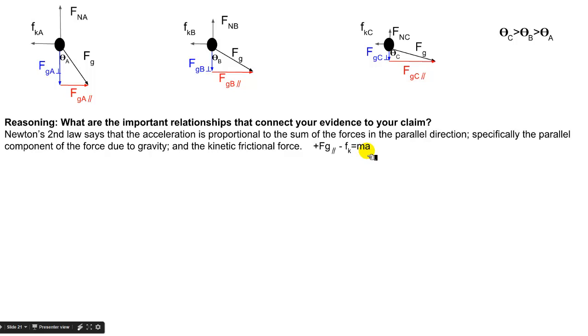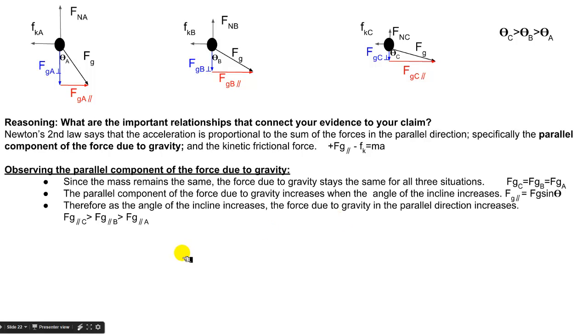So my mass times my acceleration is equal to the sum of my forces in the parallel direction. In all of them, Fg parallel minus Fk equals the mass times acceleration. So we're looking at 2 things specifically: the force in the parallel direction, and the kinetic frictional force.